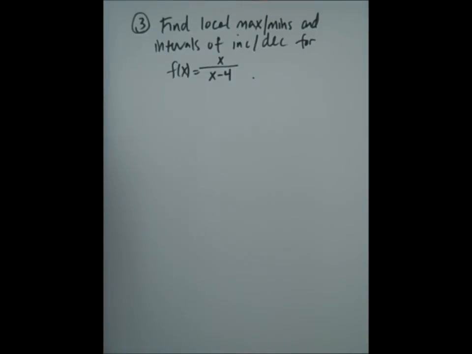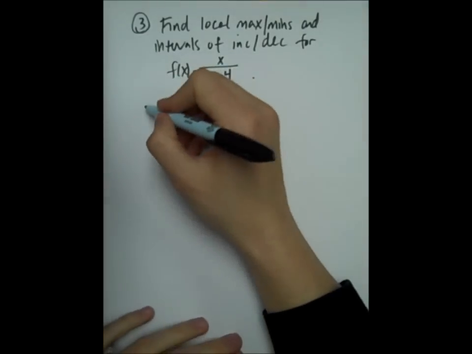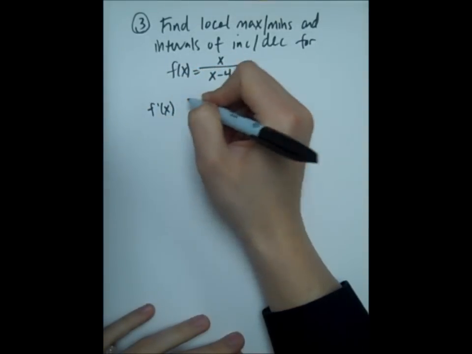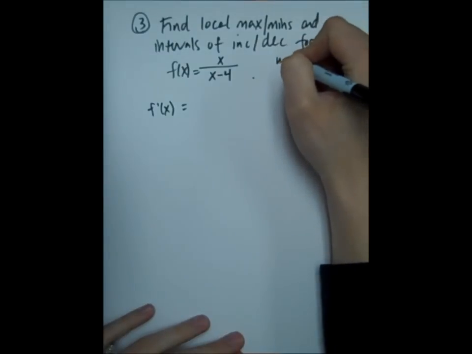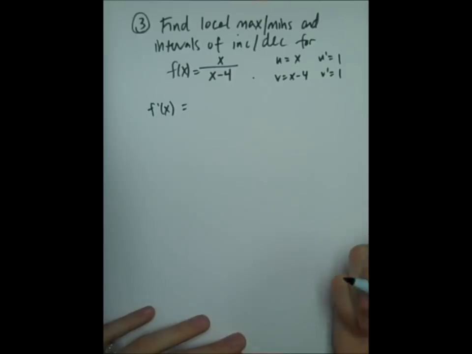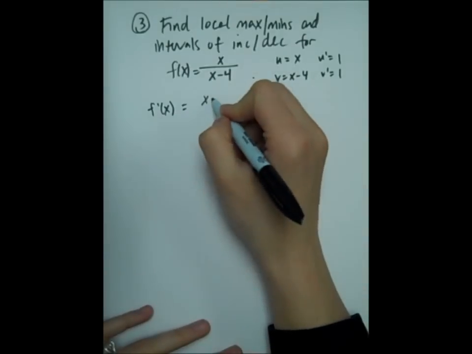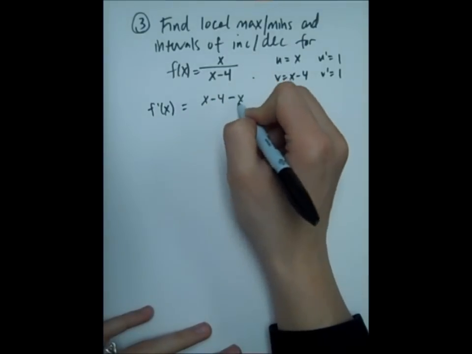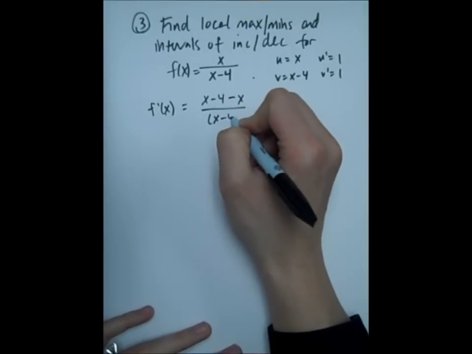So I want to find the local maximums and minimums and increasing, decreasing, so that's talking about the first derivative. To find the first derivative, I'm going to have to use the quotient rule. So my u prime is 1, my v prime also 1. So this gives me x minus 4 minus x over x minus 4 squared.